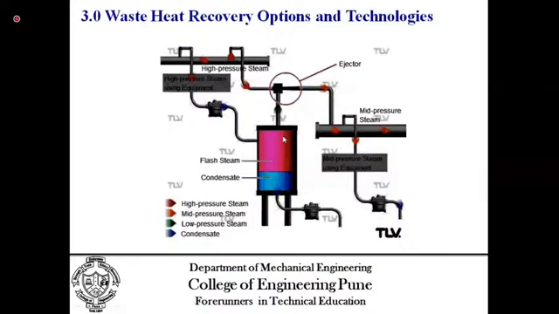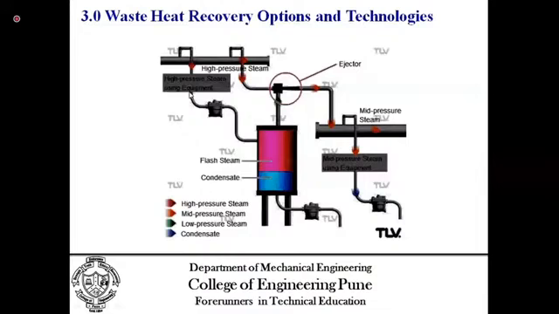Let us say that this is mid pressure steam, where the pressure is nearer to 4 bar, let us say 4 bar, and this condensate is at 1 bar. So definitely when this gets expanded, pressure will be very, very low. Now this low pressure steam is to be added to the main stream.